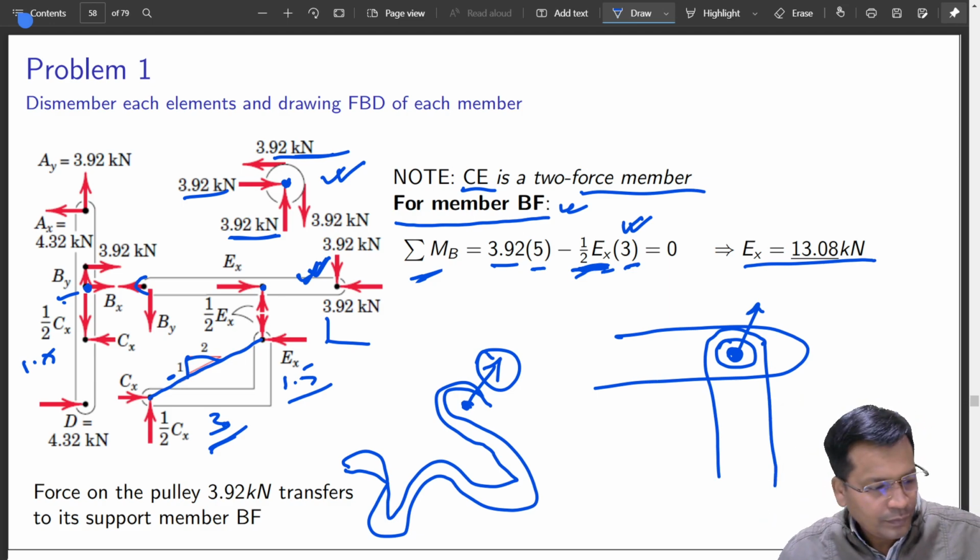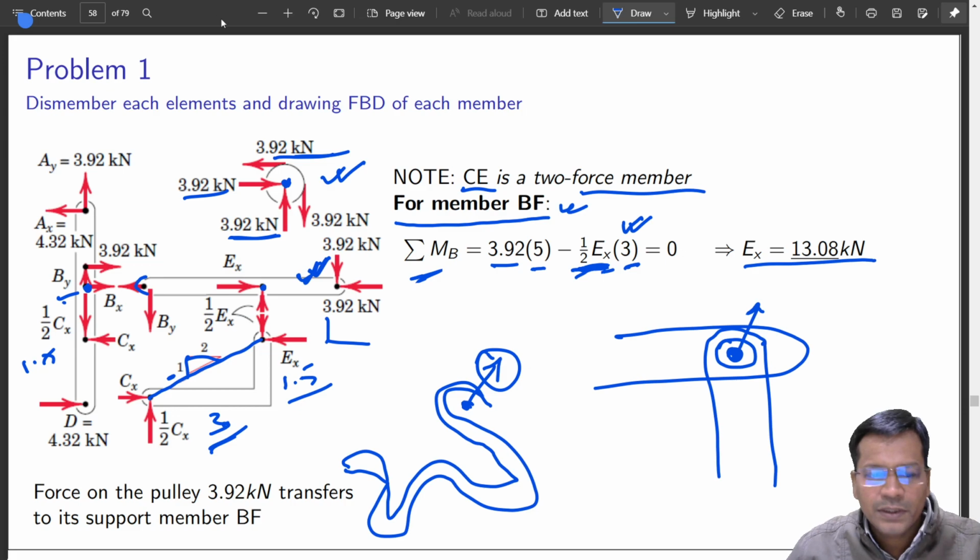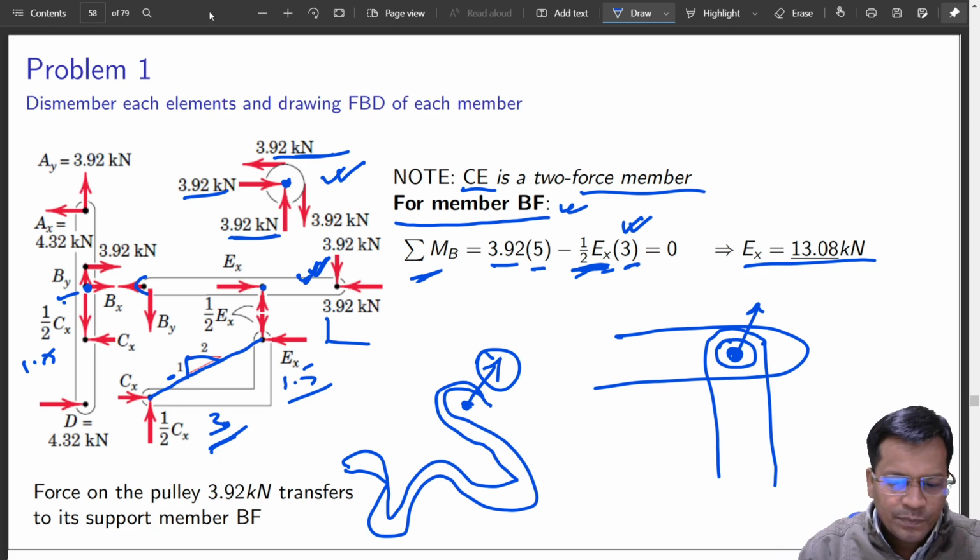Sir, there is a doubt. Yes, please tell me. Sir, for example, in the same situation, we increase the weight of the body which was hanging. Then the direction of force present at point E should change? Yes, this will change because you have increased the load.